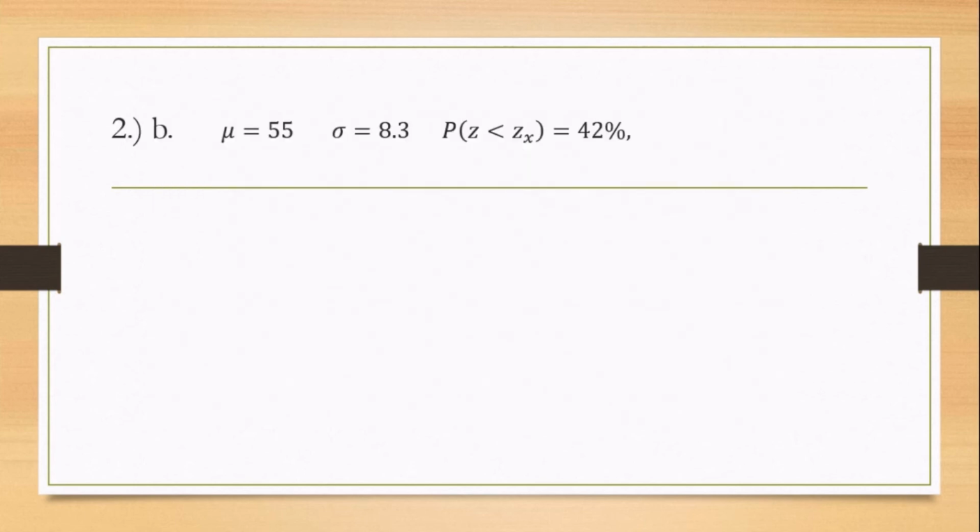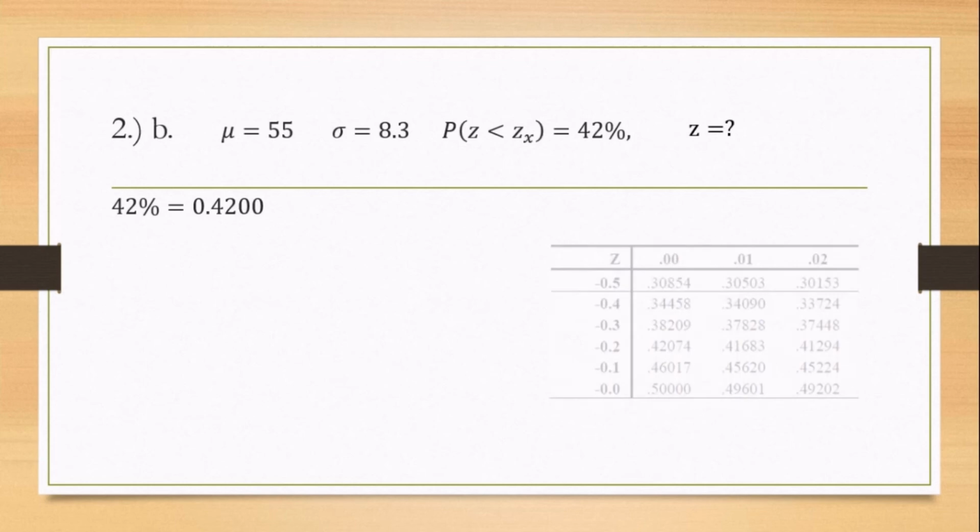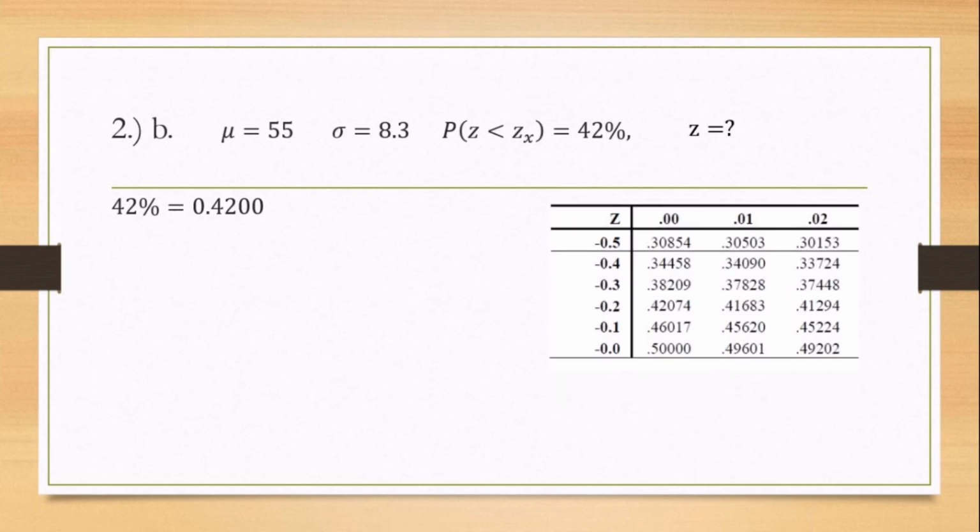Situation B. Given the mean, SD, and probability is quite a bit tricky. But the process is just the opposite. First step, we know that 42% converted to decimal is 0.42000. We just need to find this area in the z-table to find the z-value.